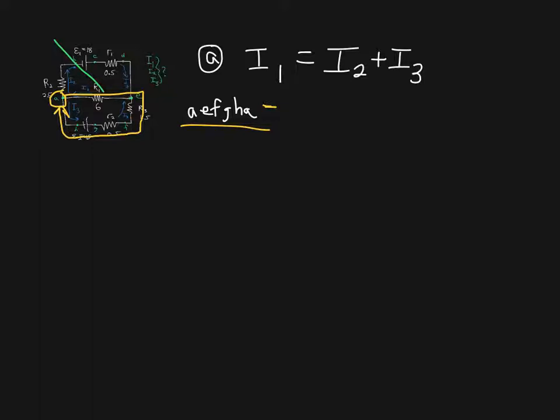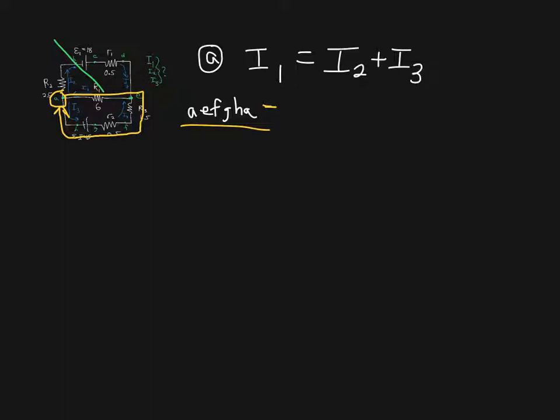I start at A, and I look. My loop is going to the right through resistor 1 first. What direction is my current going? My current is going to the left. And how big is my current? Which current is going through resistor big R1? I1.